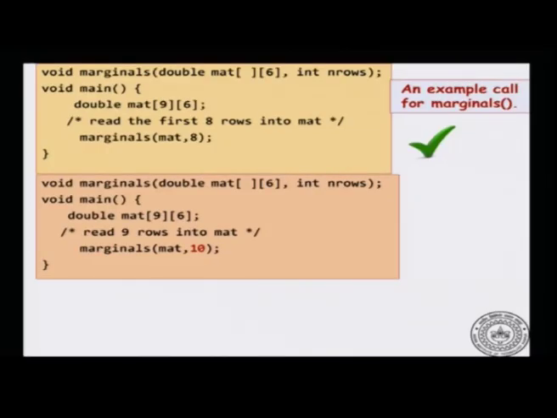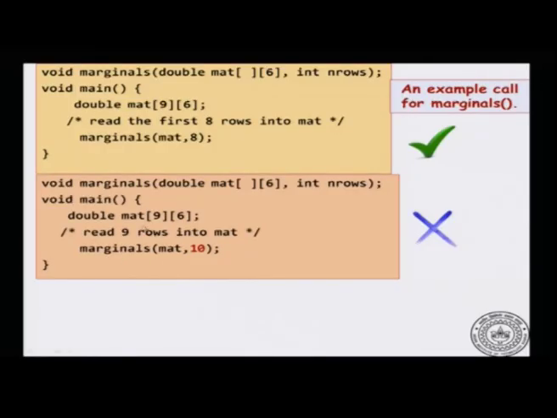What is definitely not fine is, suppose you declare a matrix of size 9 by 6 and say that I want you to find the marginals of the first 10 rows, then this is unsafe, because yes, it is true that the marginals function does not really care about the number of rows. So, it will work for any k cross 6 matrix, but you cannot hope to pass arbitrary junk values to that matrix, right.